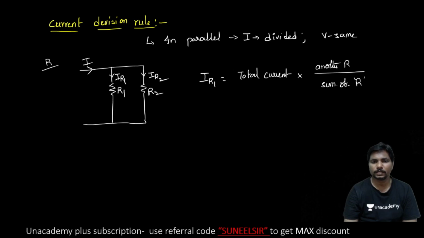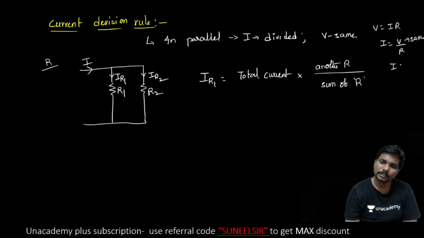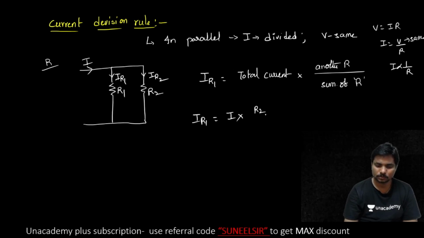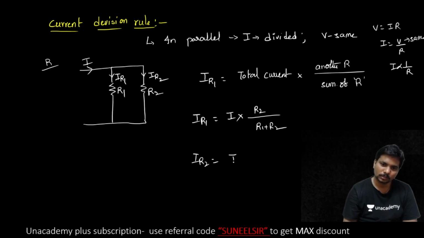Why are we going to the other one? We know very well V is equal to I into R, so I is equal to V by R. If V is the same, I is inversely proportional to resistance. So that's why we have to take the other resistor by the sum of the resistances. So IR1 is equal to total current I into the other resistance R2, by the sum of the resistances R1 plus R2. In the same way, IR2 is equal to total current into R1 by R1 plus R2.